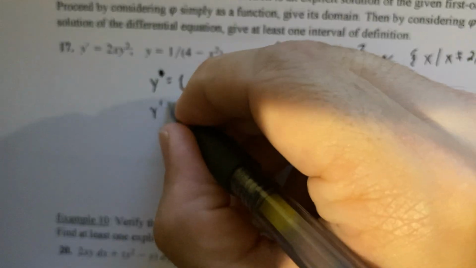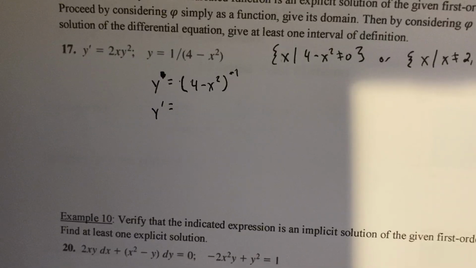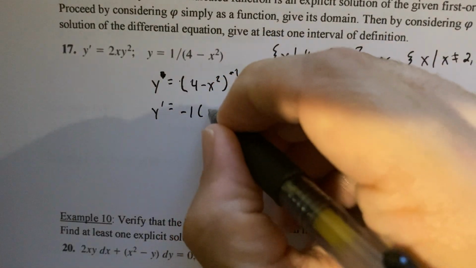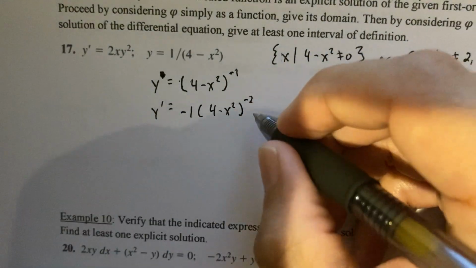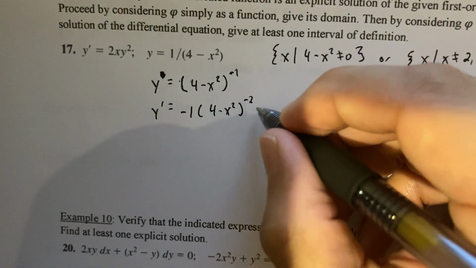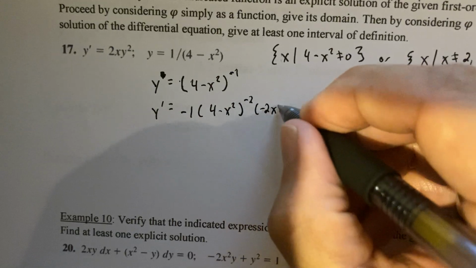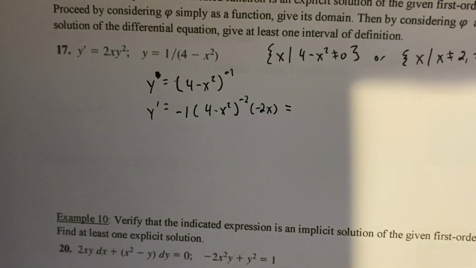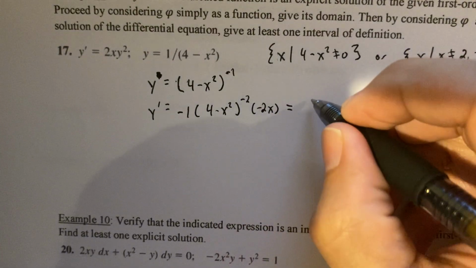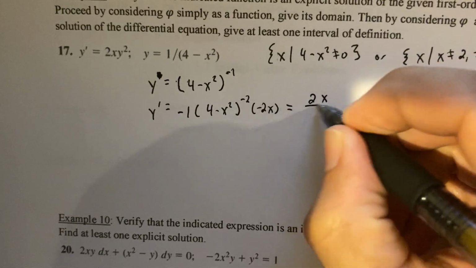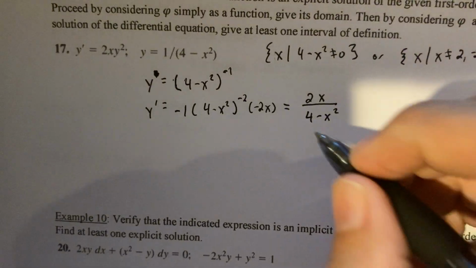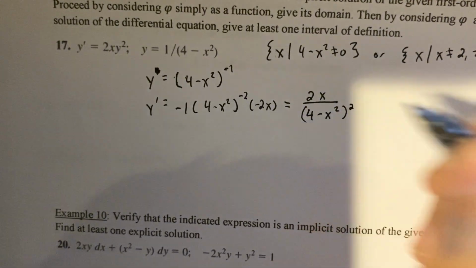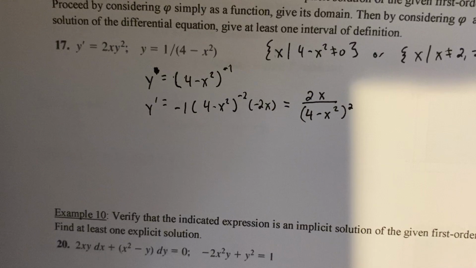So that means y prime is equal to negative 1 times 4 minus x squared to the negative 2 power times the derivative of the inside, which is negative 2x. And so when I plug everything in, that gives me 2x over 4 minus x squared squared. All right, so there's my derivative.